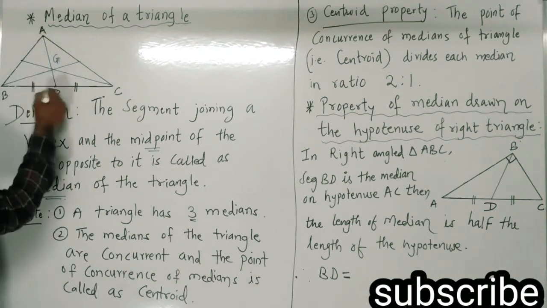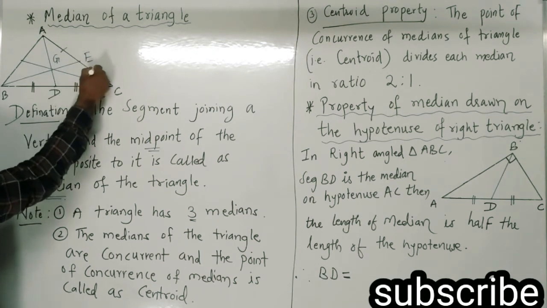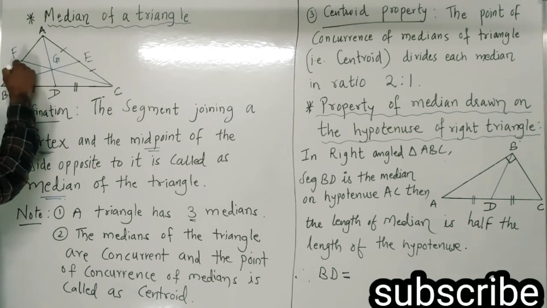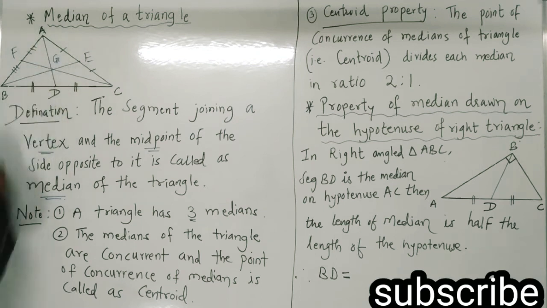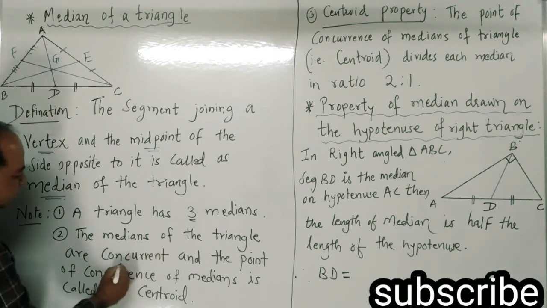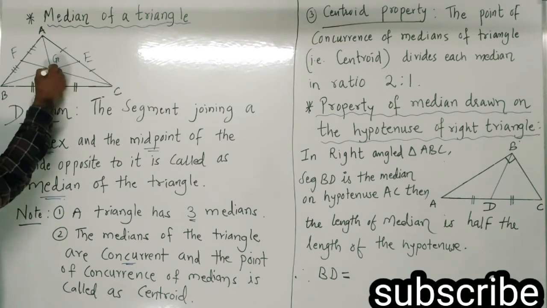So here AD, then BE where E is the midpoint of AC, and CF are the three medians of triangle ABC. Now the medians of a triangle are concurrent. Concurrent means all three medians meet in one point.